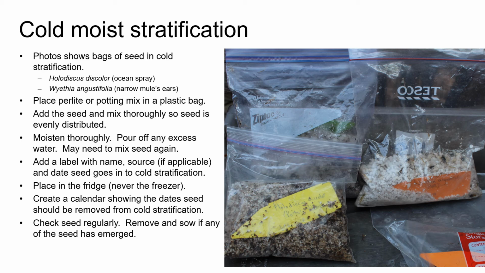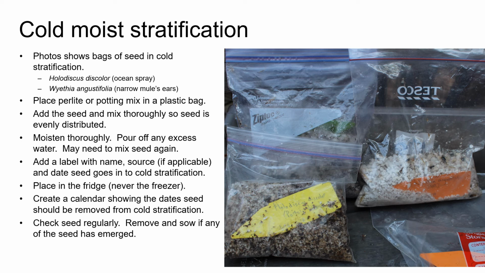So pour off that excess water, and you may need to mix the seed and the perlite again just to make sure that everything's thoroughly mixed. The seed should have good contact with the perlite or the potting mix in the bag.